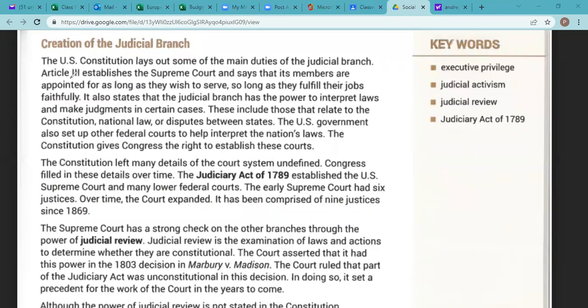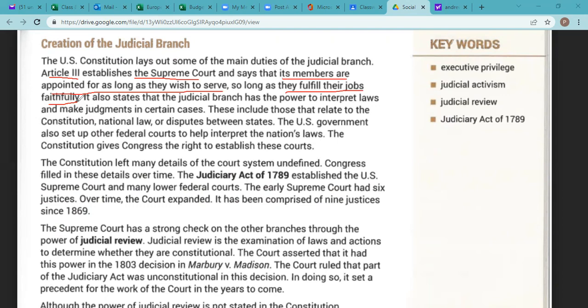Okay, so we're talking Article 3 establishes the Supreme Court and its members are appointed for as long as they wish to serve. All right. And so long as they fulfill their jobs faithfully. Okay. So again, they can only relinquish their position if they pass away, they are sick, they do something really bad, or they just want to retire because they're just too old for this job.